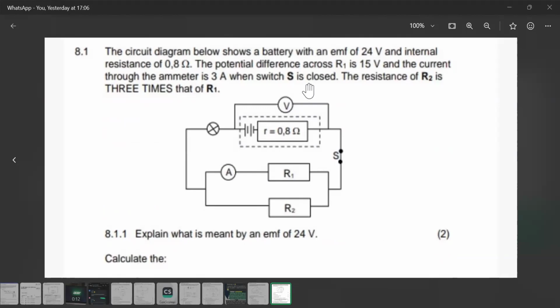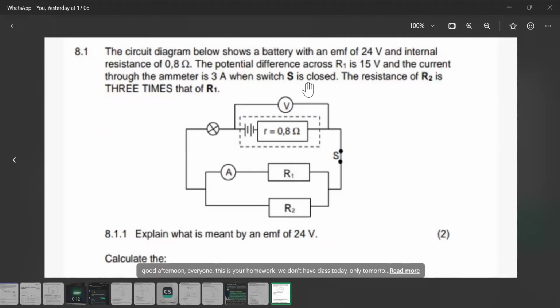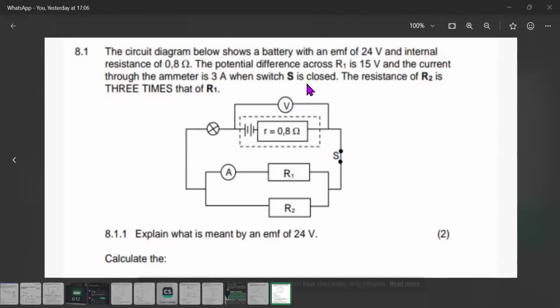And so in order for us to find its resistance, we need to know its potential difference, number one, and we also need to know the current that passes through the bulb. We already know the current that passes through the bulb. We said it's going to be 4 amperes, sorry. Now we just need to know the potential difference, okay?